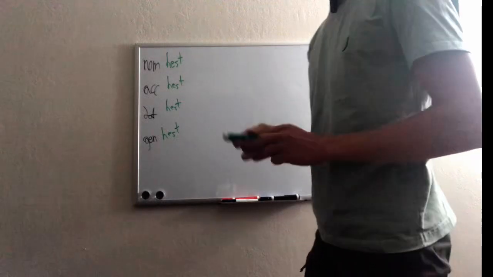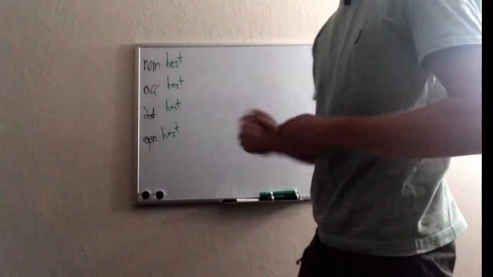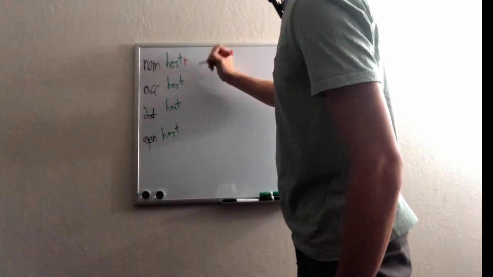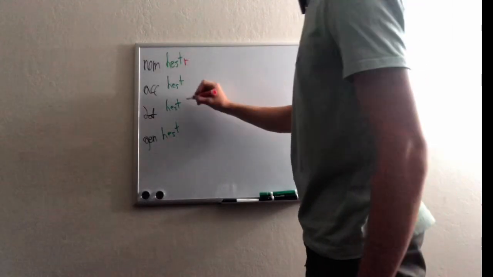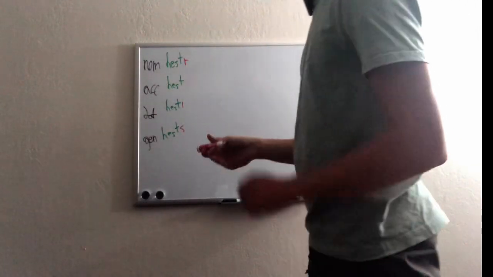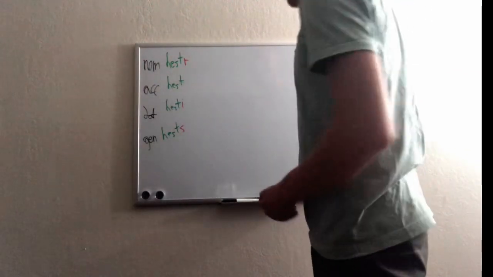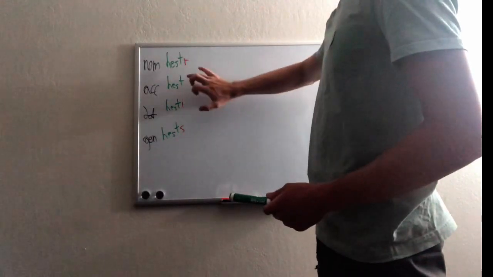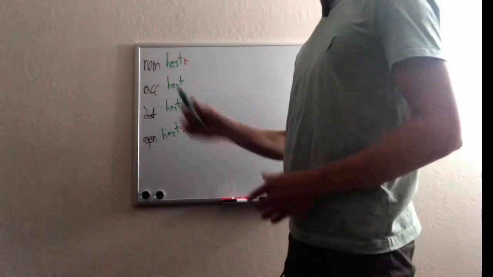Then with our stems, we put on our endings. In the nominative, we usually have an R. Accusative usually doesn't have anything. Dative is going to have an I, and genitive is usually an S. Those are not set in stone necessarily. The R is set in stone, but not the I and the S, and sometimes even the accusative, at least in the plural from what I remember.